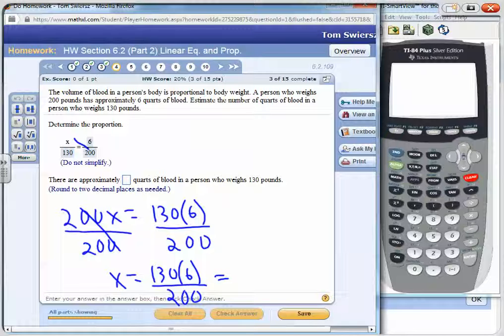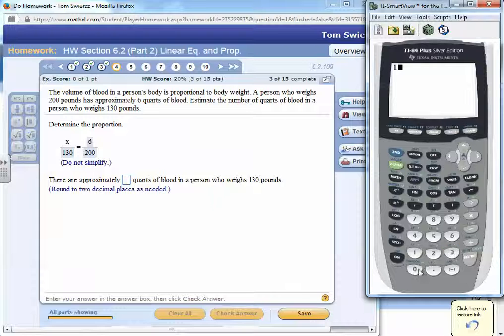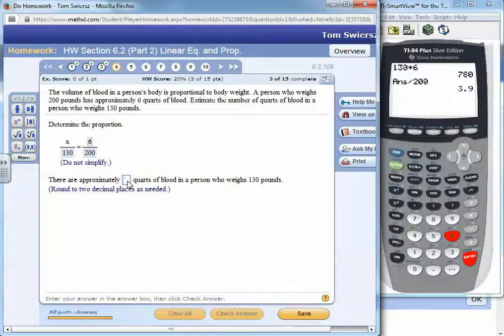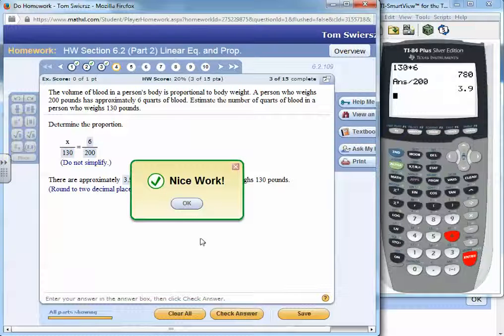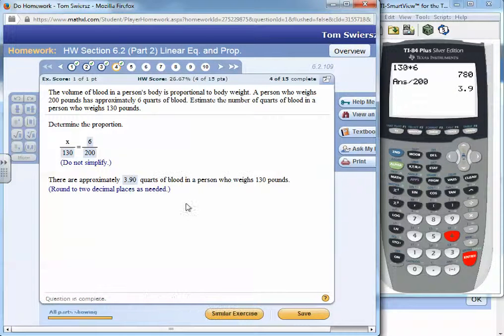So we'll do that on our calculator, 130 times 6 divided by 200, and we would get 3.9. To 2 decimal places, it's only 1, so you can just put in 3.9 or 3.90, and either answer MyMathLab will accept as correct.